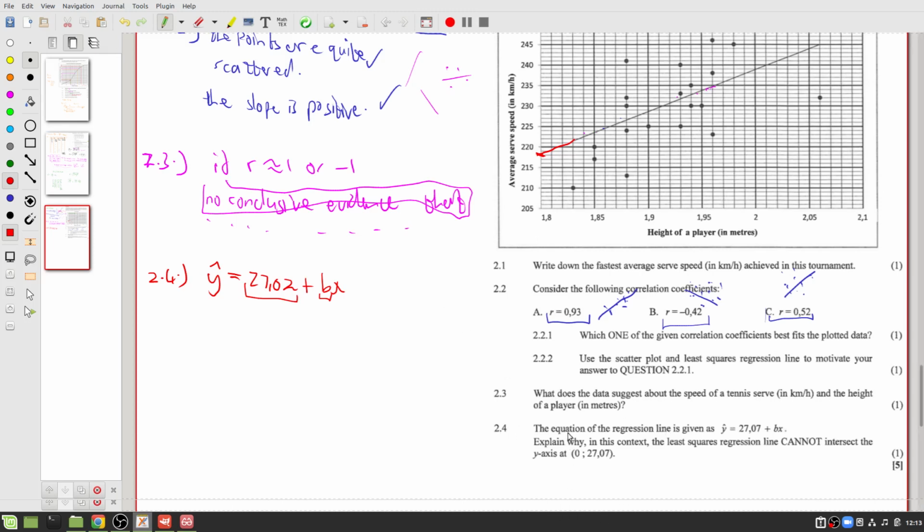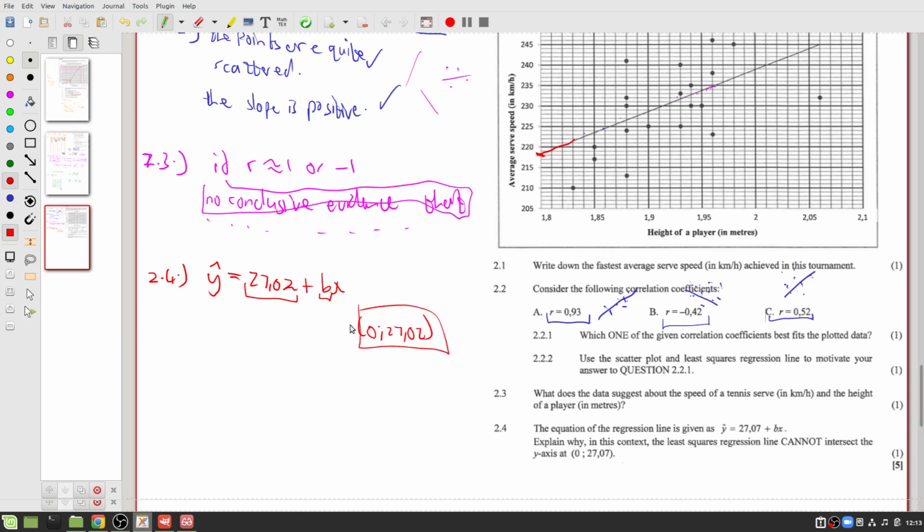Explain why, in this context, the least squares regression line cannot intersect the y-axis at (0; 27.02). If we look at this straight line equation, we would say that (0; 27.02) would be a point on the line. So why can it not be in this case? Let's look at what it means.